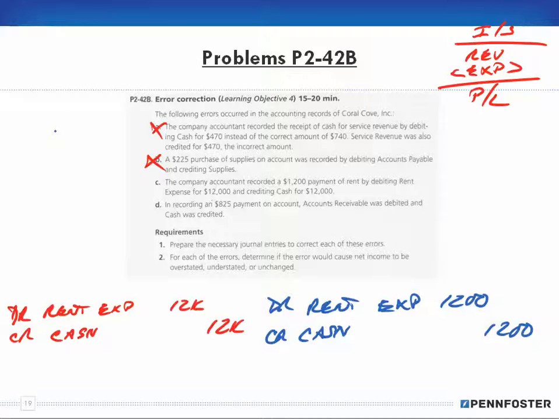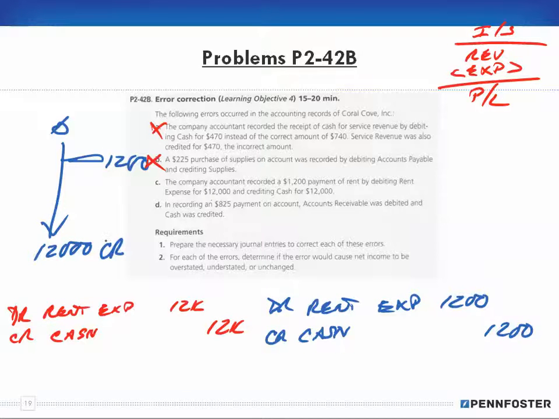If this is zero in cash, and I made it $12,000 here, I decreased my cash by $12,000, but my cash was only supposed to be at $1,200. Well, in order to make the correcting entry, since this is a credit, I have to actually debit it to get back up to the $1,200.